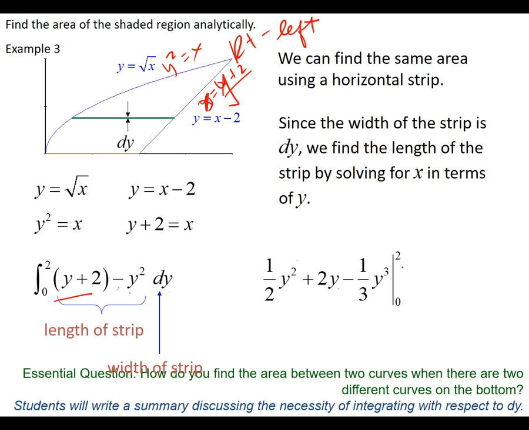I'm going to do a little work in between here. What is 2 squared? 4. So we get 4 over 2, which is 2. Plus 2 times 2 is 4. And 2 cubed is 8, so 8 thirds. Do I care about the 0 part? No. I could probably reduce that to 2, right?